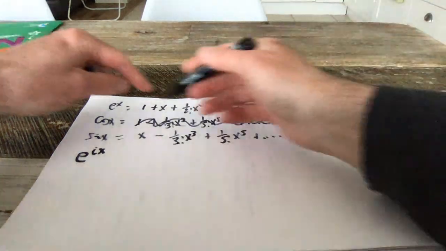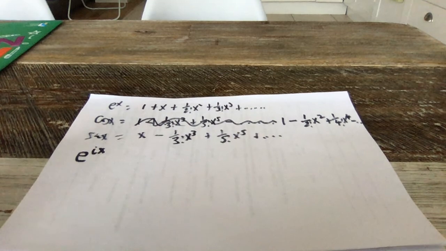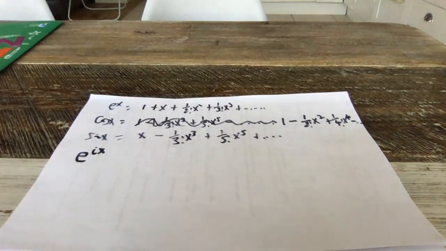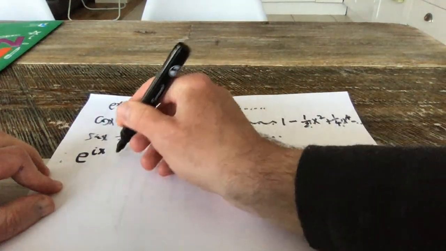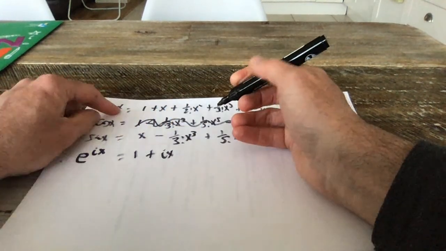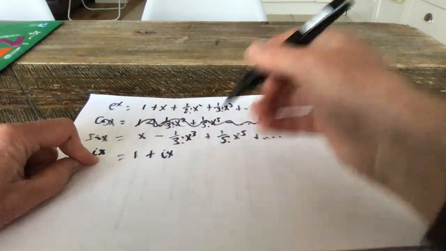This is the formula here for exponential, and it's true for all x. So let me replace x now by ix in this formula. So therefore, the 1 stays the same. I'm replacing x by ix, because on the left-hand side I've got an ix, so I need an ix here.